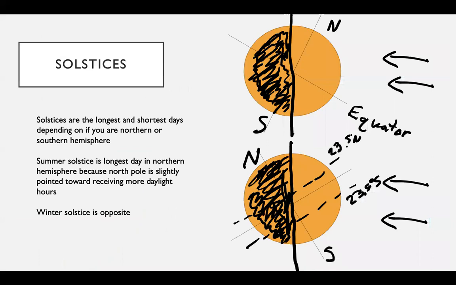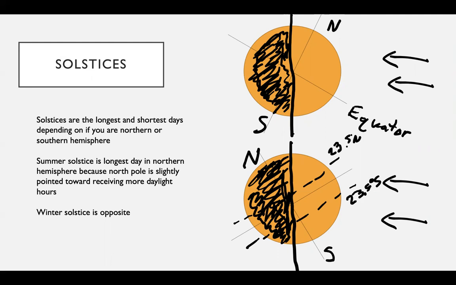Solstices are either the longest or shortest days, depending on if you're in the northern or southern hemisphere. The summer solstice is the longest day in the northern hemisphere because the North Pole is slightly pointed toward the sun and it receives more daylight hours.